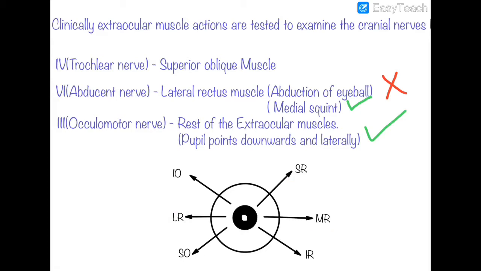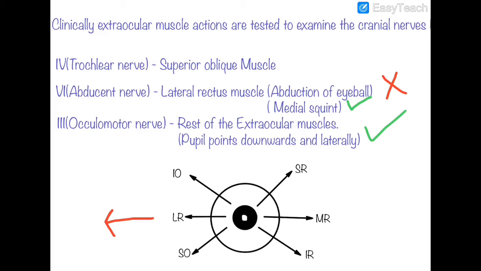If the eyeball is abducted, that is, it is turned towards this side, then the whole frame or the whole axis shifts towards the lateral side. And mind that here I am talking only about the right eye, and things will be exactly opposite for the left eye. So in abduction, the whole axis or the plane will be shifted towards the lateral side.